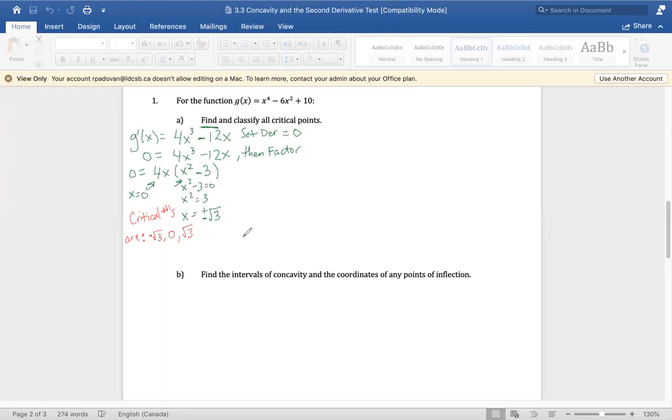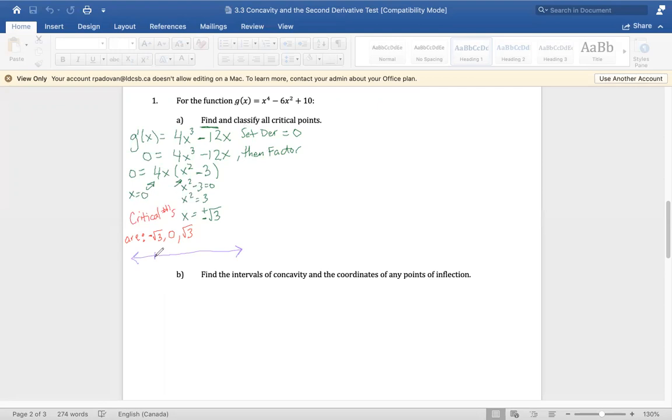Now to classify them, I need to make a chart. The first thing I do is make a number line, right? And place those in numerical order on my number line to figure out how many intervals I have.